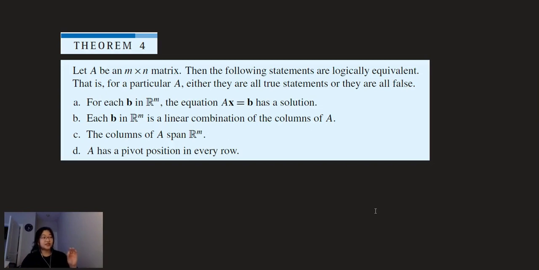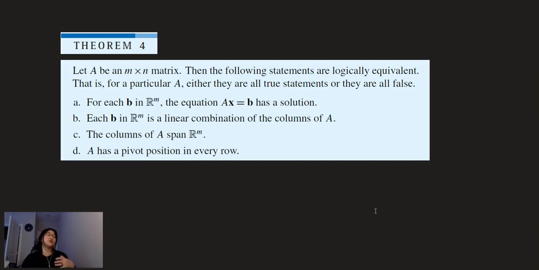So a solution exists, and if a solution exists for Ax equals B, then each B in R^m is a linear combination of the columns of A, and the columns of A span R^m, and A has a pivot position in every row. That means we don't have a row of zeros. So we either have all of those things or none of those things.